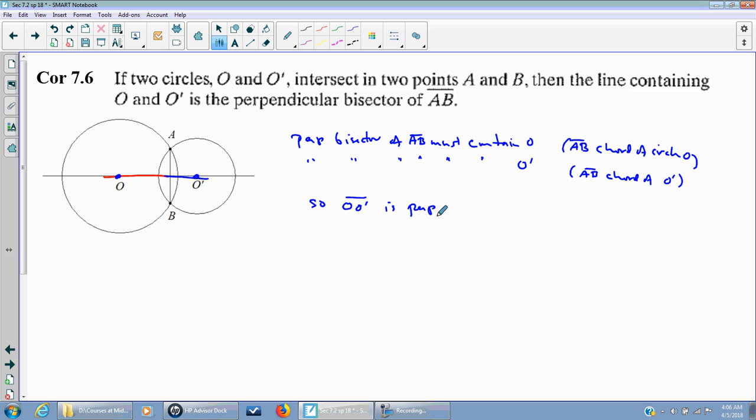So that means OO prime is the perpendicular bisector of AB. Okay, and that's the proof of that.